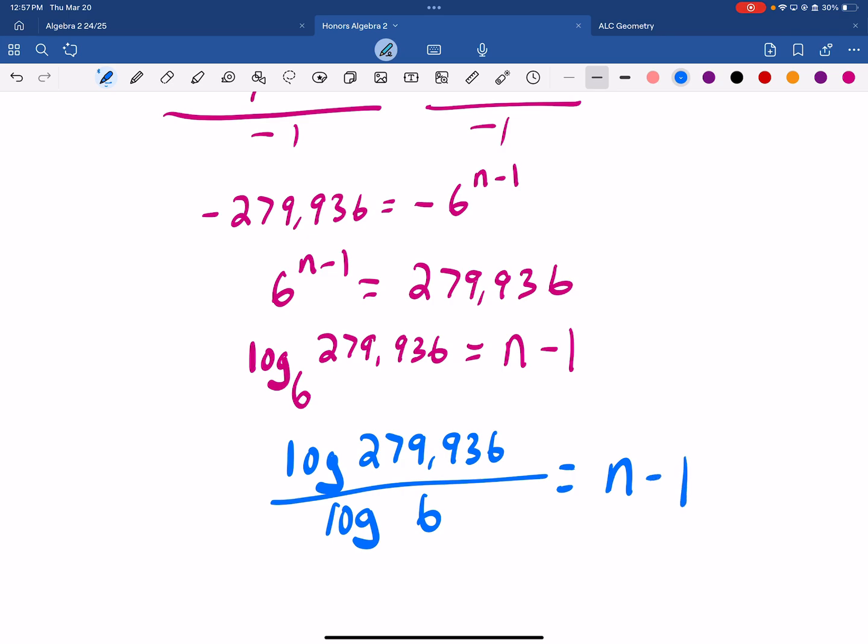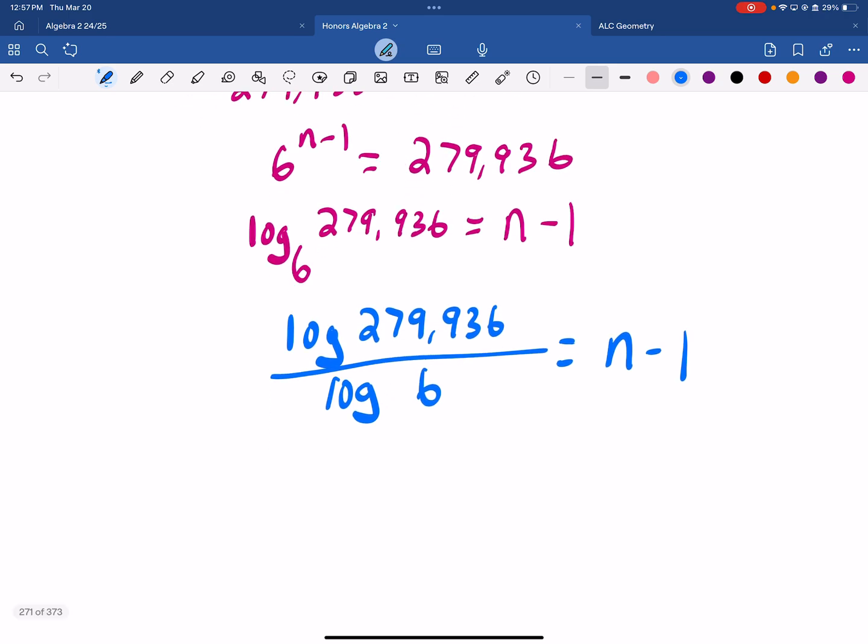That's then going to equal n minus 1. Now in your calculators, hit log of 279,936 divided by log of 6, and you get 6? 7? I don't know. I'm going to leave it as n minus 1.